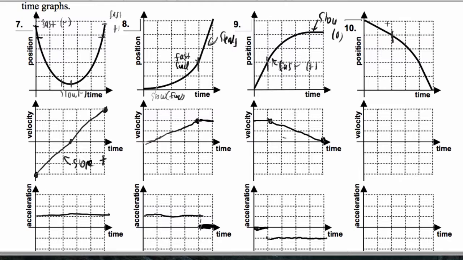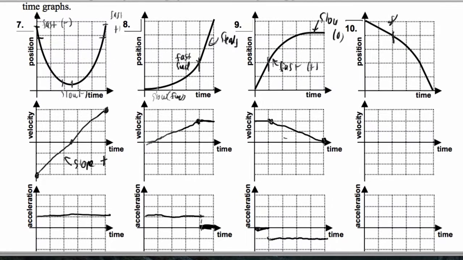This one here. I have a steady negative velocity right here. And you know what? This one seems to have an even further region here. So negative velocity here, and then this is also a steady negative velocity, but it's steeper. And in the meantime, I go backwards, speeding up like this.